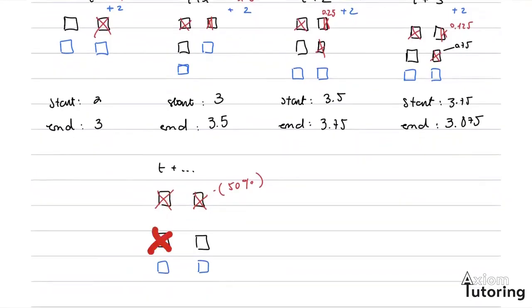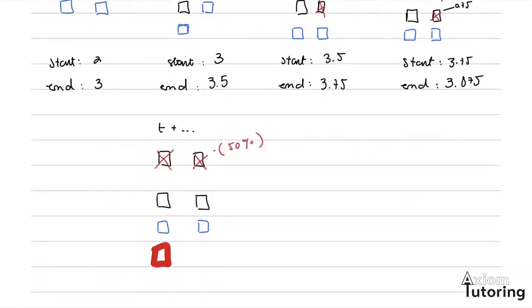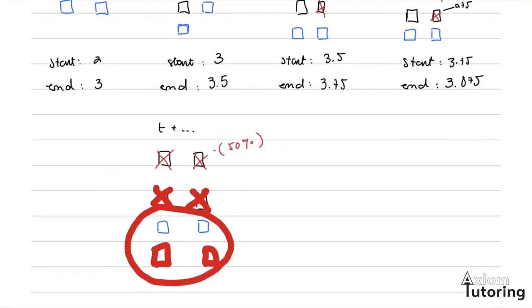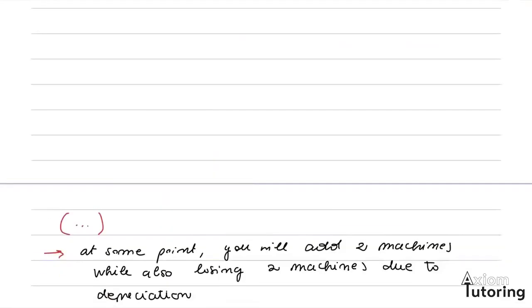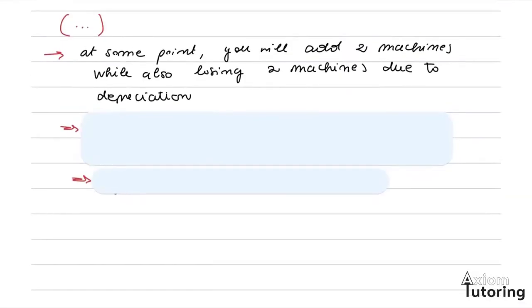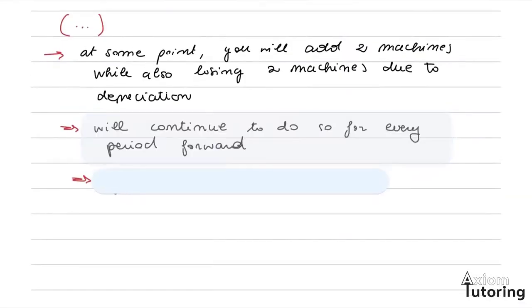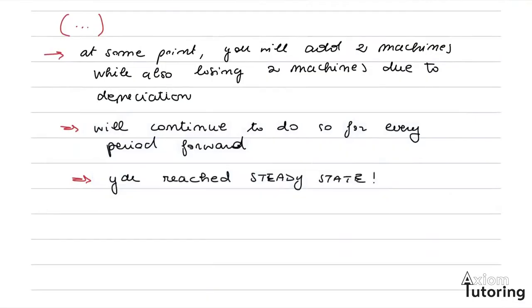Because even if we delete 2 more, but we add 2 more, we are still having the same number of total machines. What this means is that we actually reached the steady state. We finally did it. So this is what steady state means: that we have no growth in the capital stock.